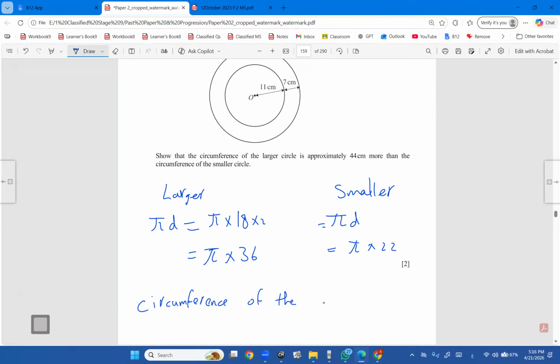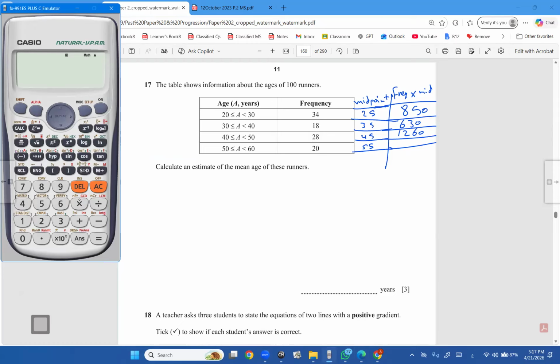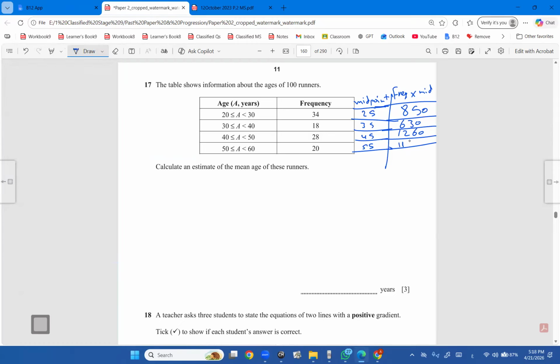And then I'm going to do 35 times 18, which is 630. 45 times 28, 1,260. 20 times 55, 1,100. Then the total of all of this. So it is total frequency.